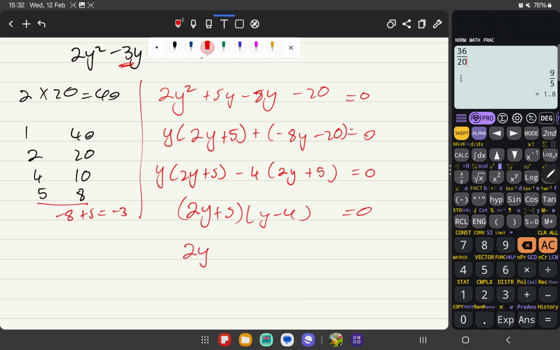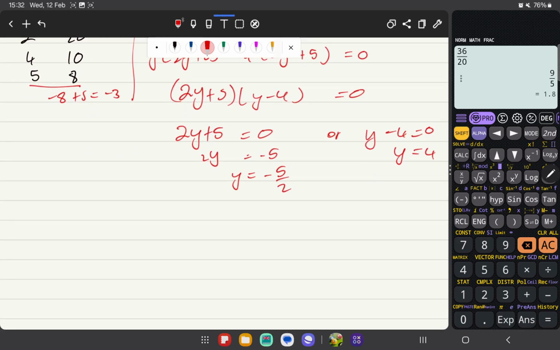And then you have 2y plus 5 equals 0, and y minus 4 equals 0. So y equals 4, or y equals minus 5 over 2. If you substitute back, remember x equals 2y minus 3.